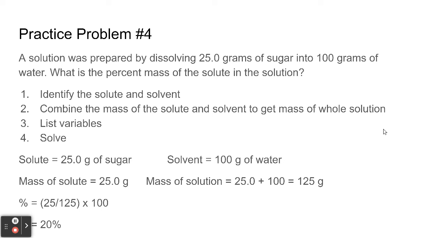So those are the big takeaways here. As you work through an assignment on this, make sure you're following those cues to get the correct molarity, molality, parts per million, and percent composition.